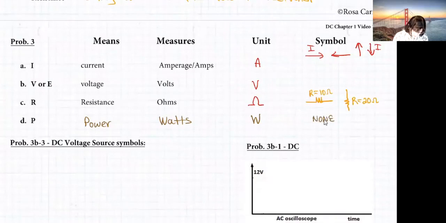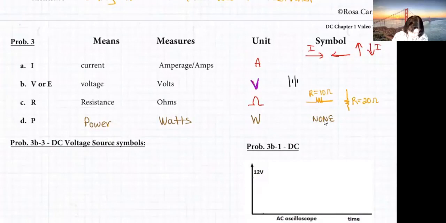Voltage is a different story. Voltage is going to be a voltage source, like your battery. It's in volts. We measure in units of V, okay? So your battery, I'm going to do it in purple, just so you guys can see, this is V. And usually it has a long line and a little small line, a long line and a small line.